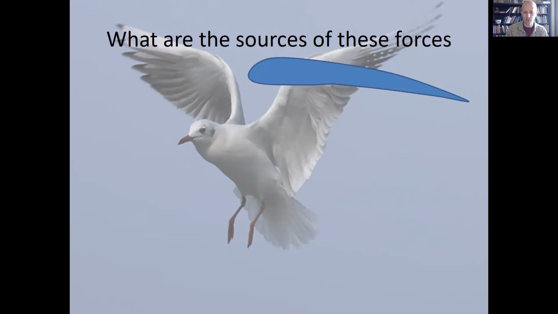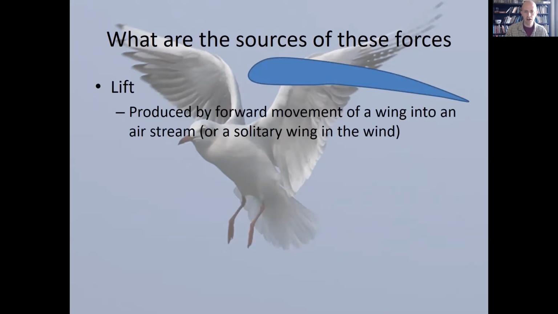So what are the sources of these forces aside from gravity? Gravity is different, right? So let's talk first about lift, because that's the most remarkable thing. Lift is produced by the forward movement of this shape, this airfoil shape, into an airstream. So this can happen in two ways.